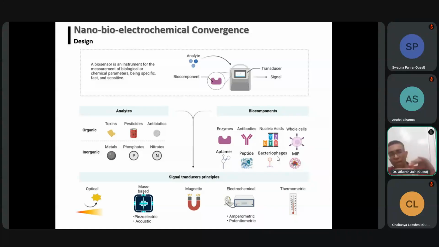When they bind with the bacteria, since the binding is very specific, we are trying to utilize it. This is our new work, to detect bacteria, using bacteriophages as the biorecognition element. We are still working on bacteriophages as a biorecognition element.